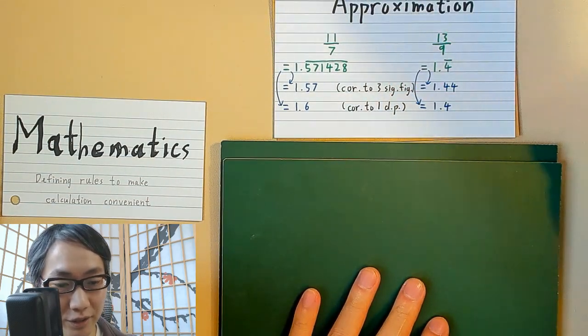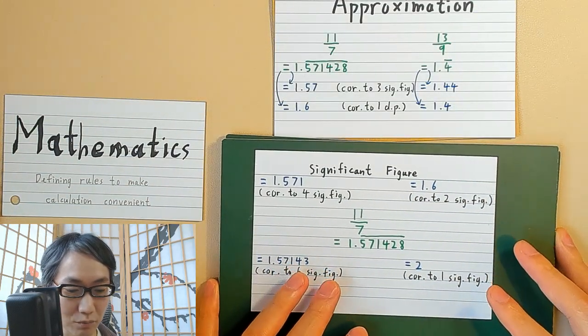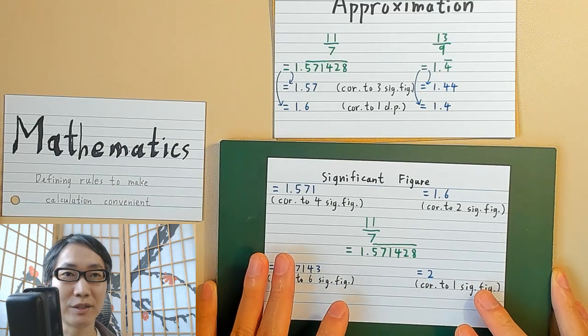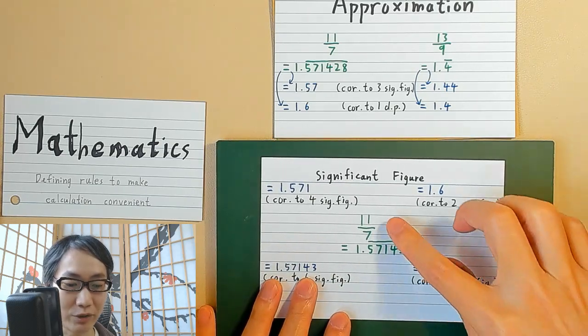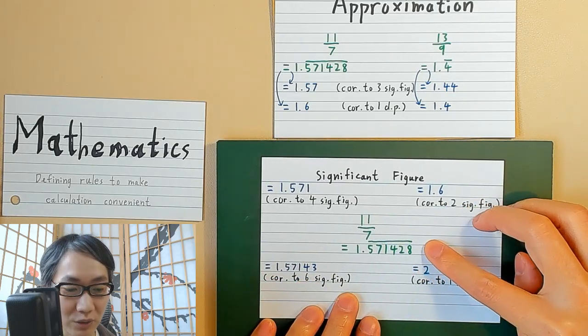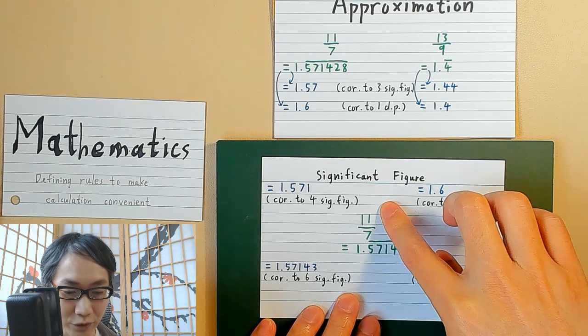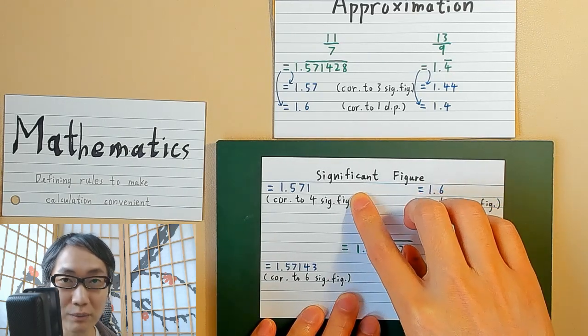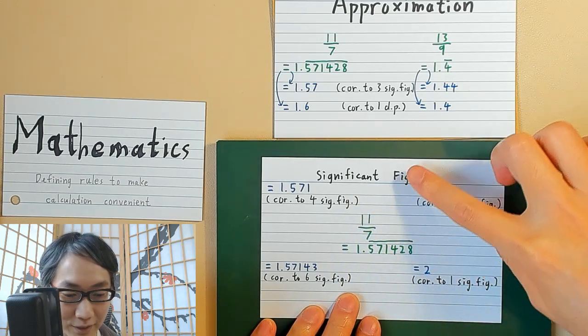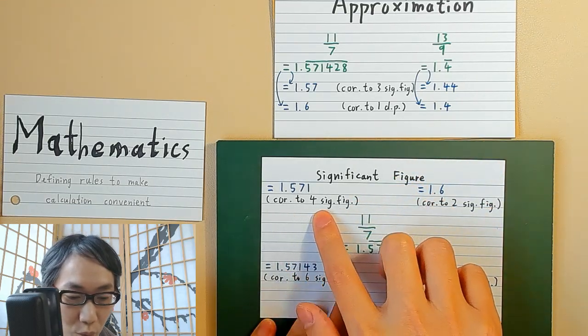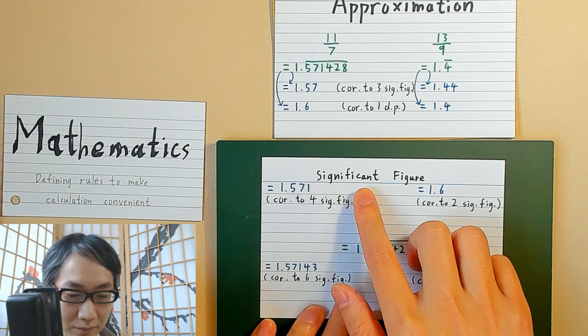Let's say we need the most accuracy, we need to be exact. Then we use either the fraction or the recurring decimals. If we can afford to be more convenient, then let's say we do 4 significant figures.